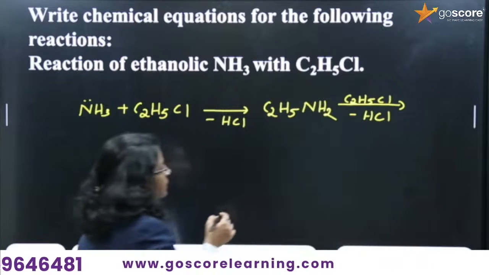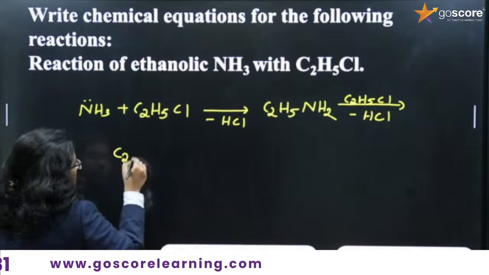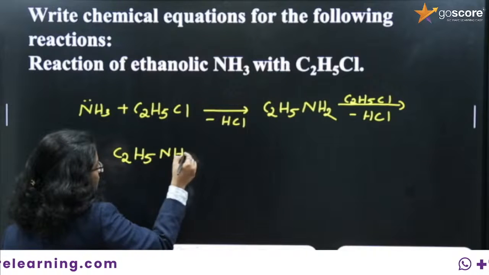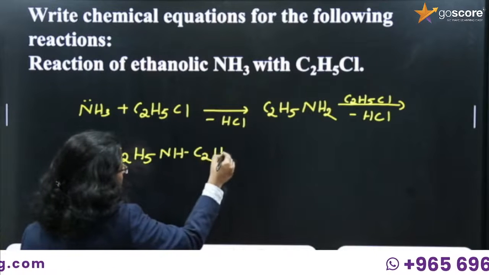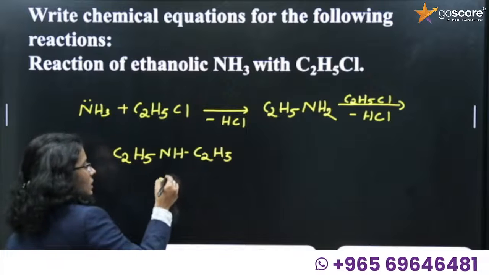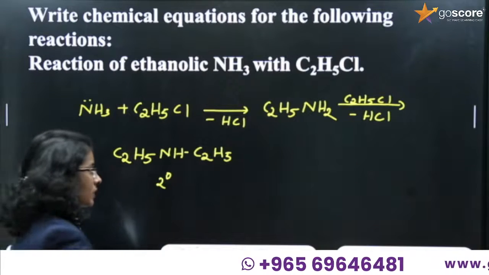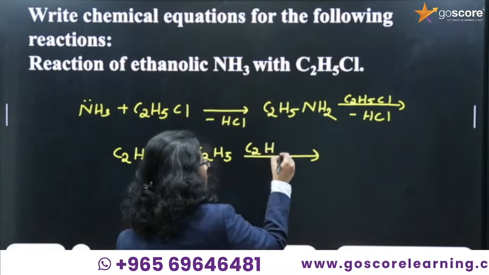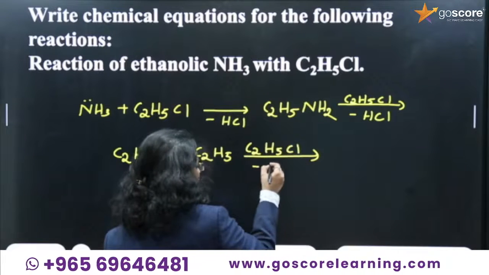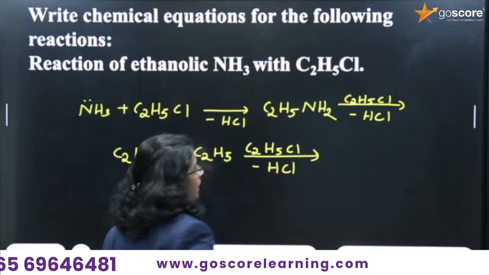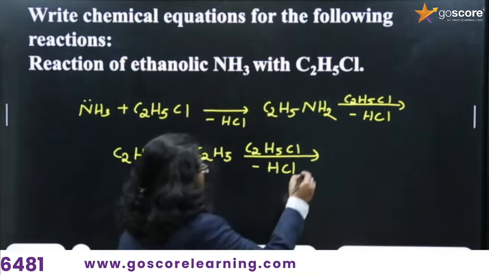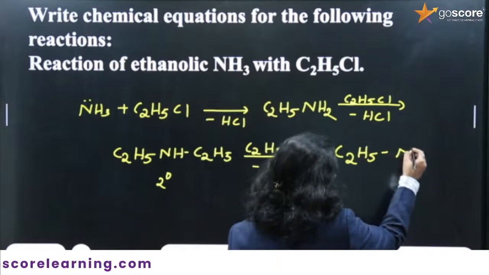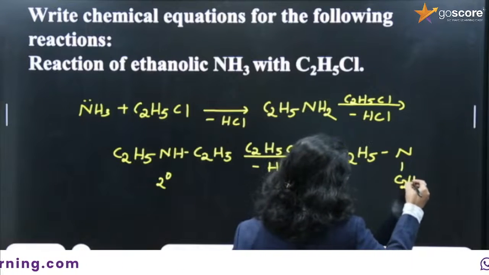Again HCl will be removed. We will get a secondary amine, that is C2H5NHC2H5. What is this? This is a secondary amine. Reacting again with C2H5Cl, again HCl will be eliminated. You will get a tertiary amine, that is (C2H5)3N.